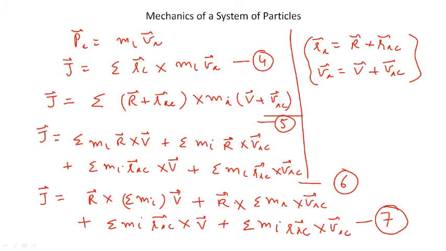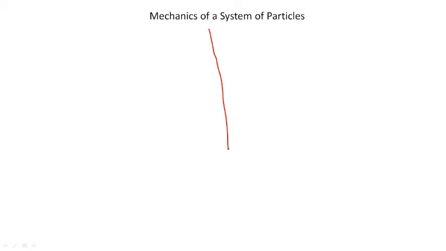Now if you see the terms R cross sigma m_i V_iC and sigma m_i R_iC cross V, these two terms will become 0. We will explain how these terms are 0. Let us take the term sigma m_i R_iC.